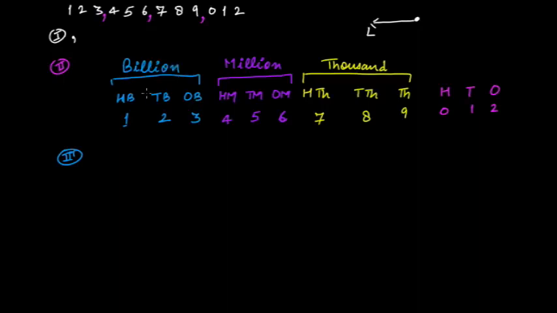Now use it here. I'm going to read the number by grouping the places. Grouping is done as billion, then million, then thousand, and then the ones period. It's very simple. 1 2 3, 123 billion.